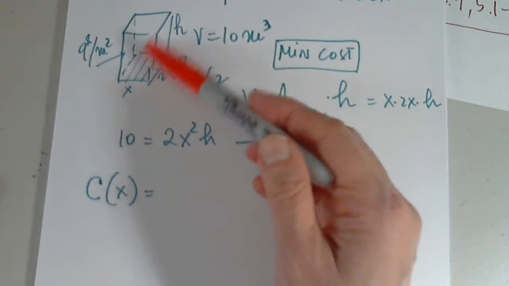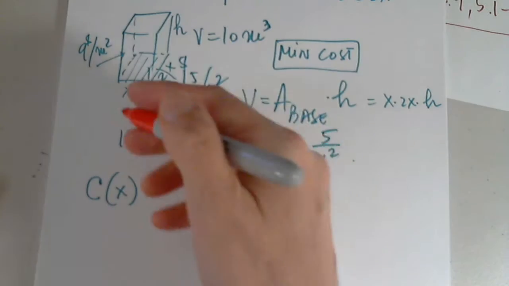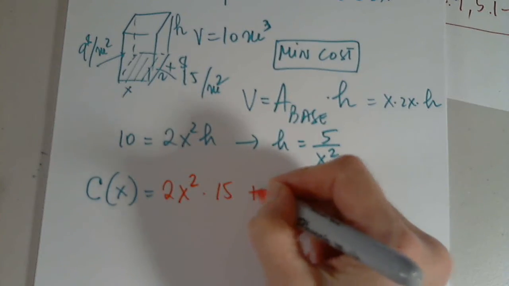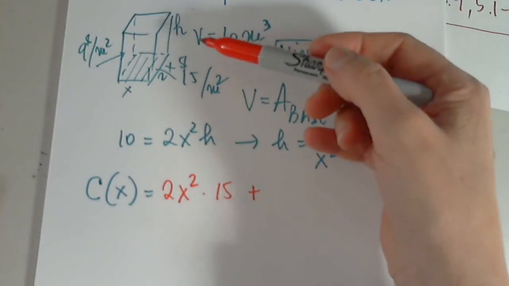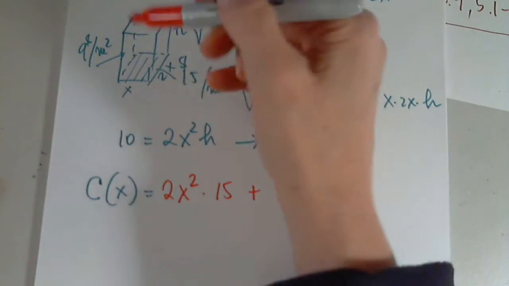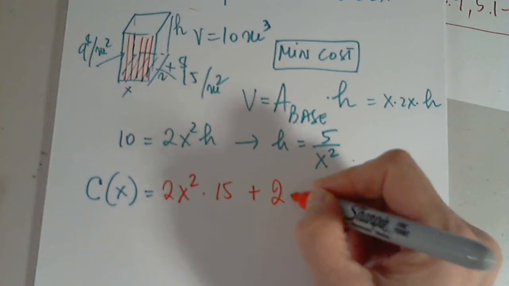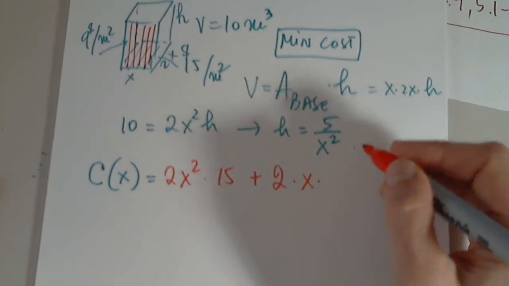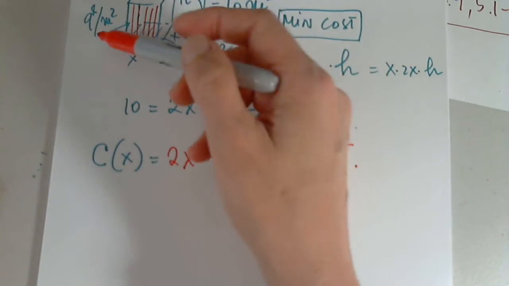So now the cost of the base is the area times the cost per square meter. So this will be 2x squared times 15 plus. These sides cost the same, but they don't have the same area. So this one, for example, there are two of those multiplied by base times height, x times height, times the cost of 9.